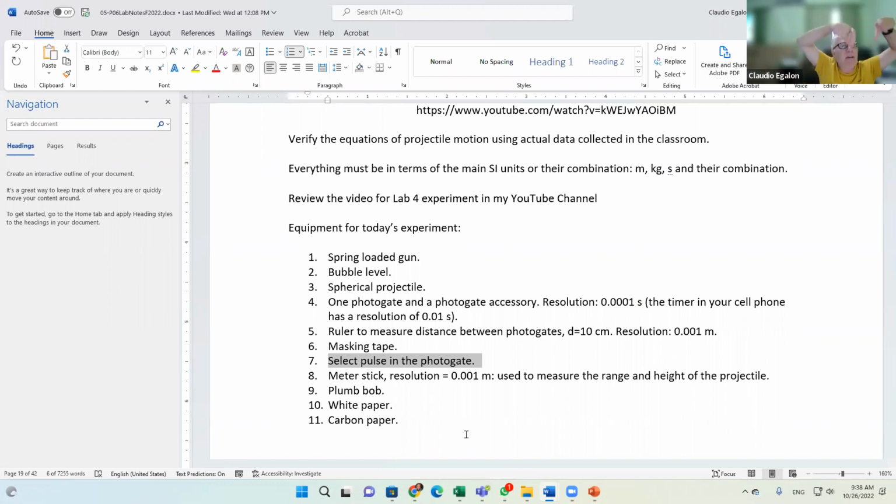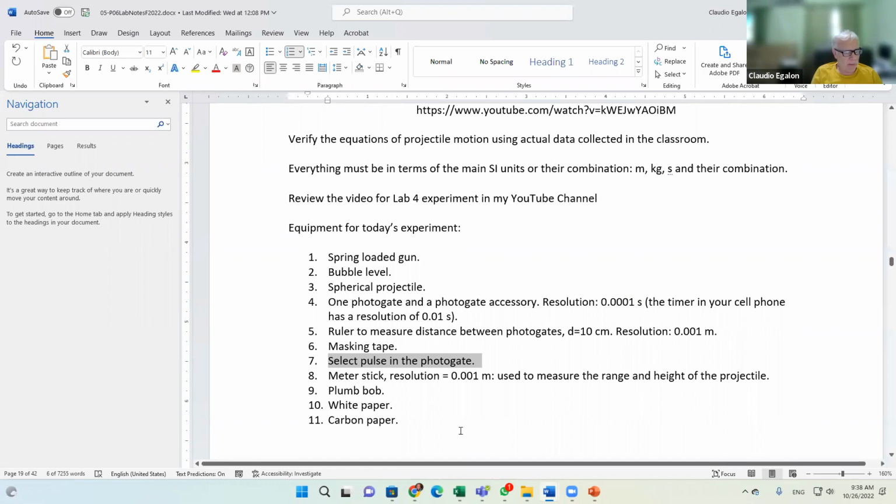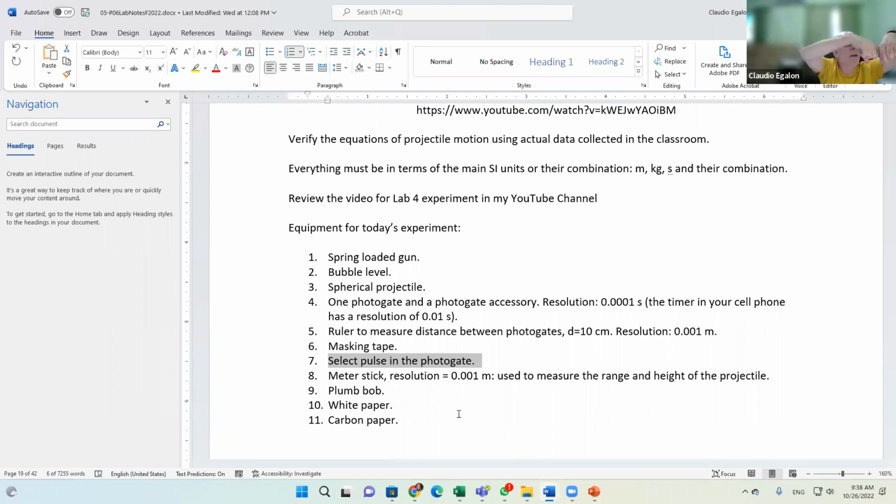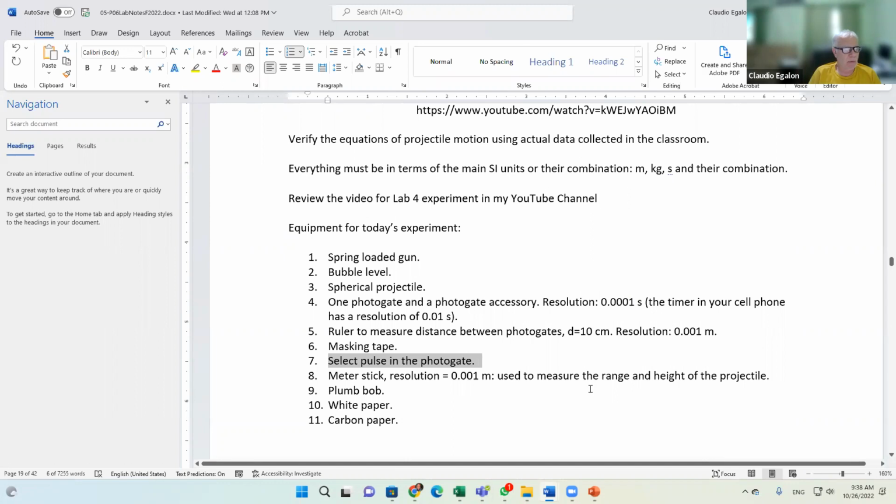In the pulse setting, we have 2 photo gates, and the time on the screen tells you how long it takes for the object to go from one photo gate to the other one. And then we have a third setting that I'm not going to mention here, where the object passes through the first one, goes to the second one, and comes back. It's like measuring a frequency.